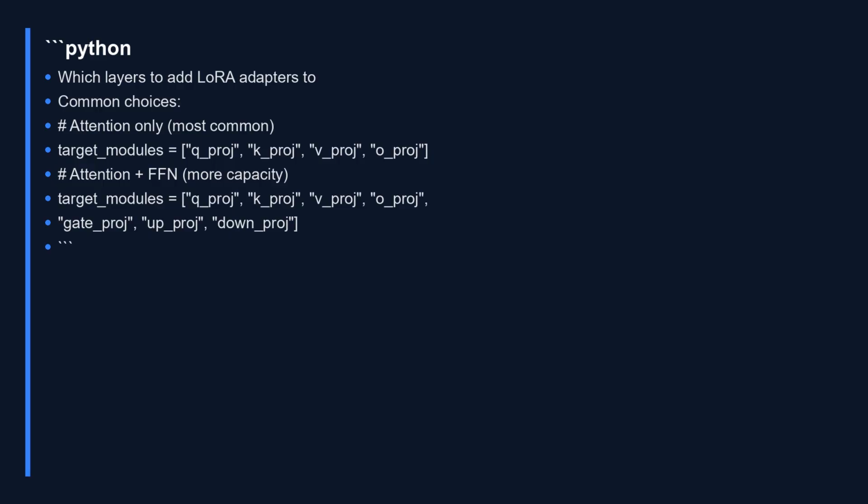For more expressive fine-tuning, you can extend that to the feed-forward network layers as well: gate_proj, up_proj, and down_proj. More target modules means more trainable parameters and more memory, but also more capacity to reshape the model's behavior. Attention only is the right default for most tasks.